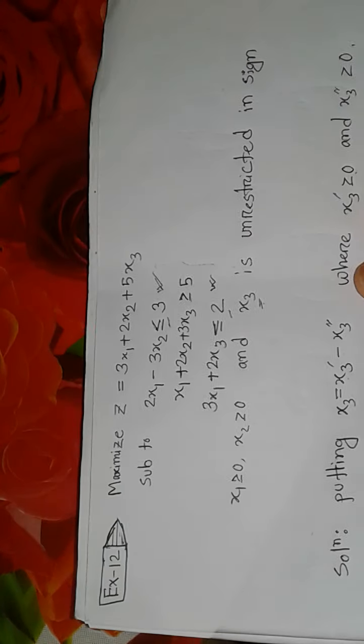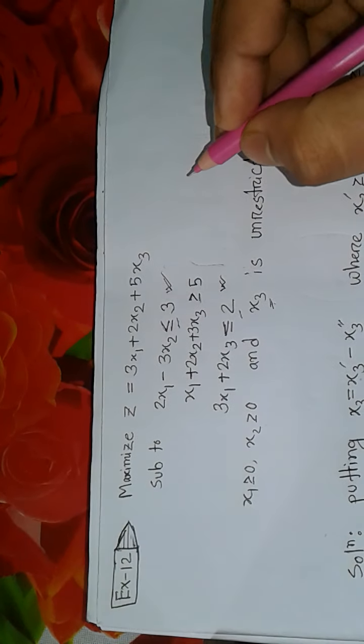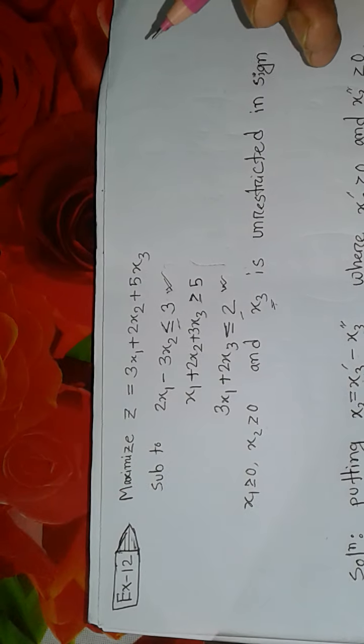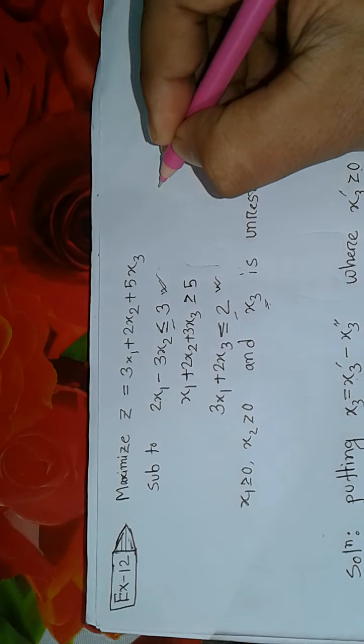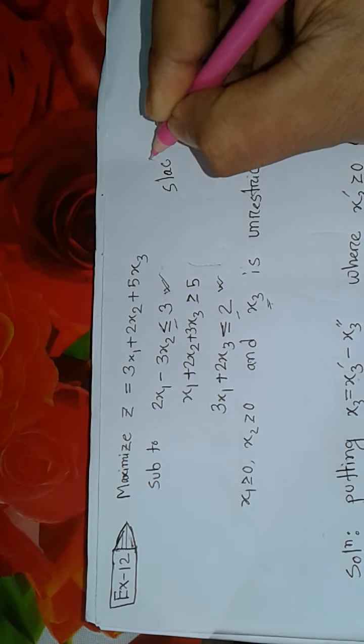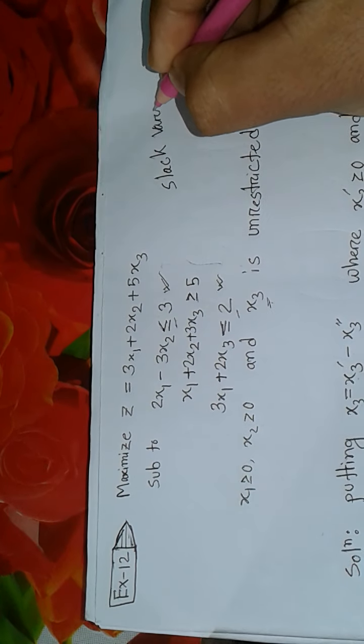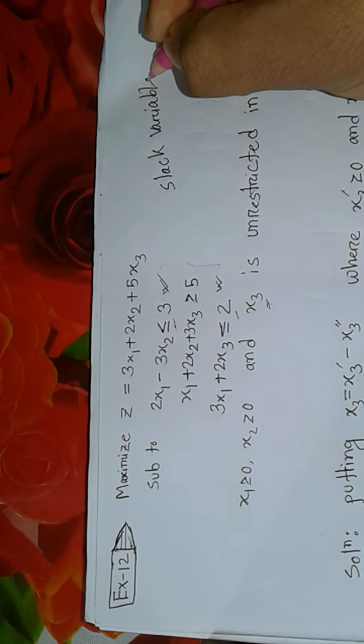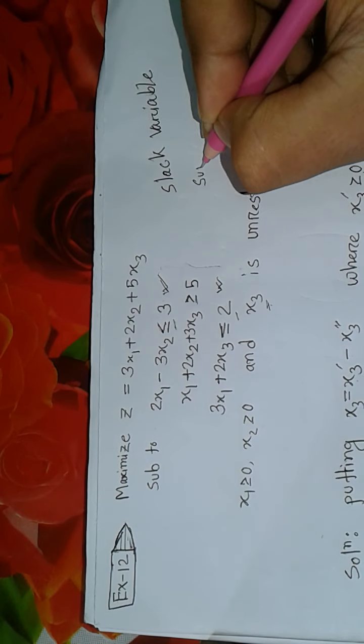Now we should know about two kinds of variables. One is the slack variable and another is the surplus variable.